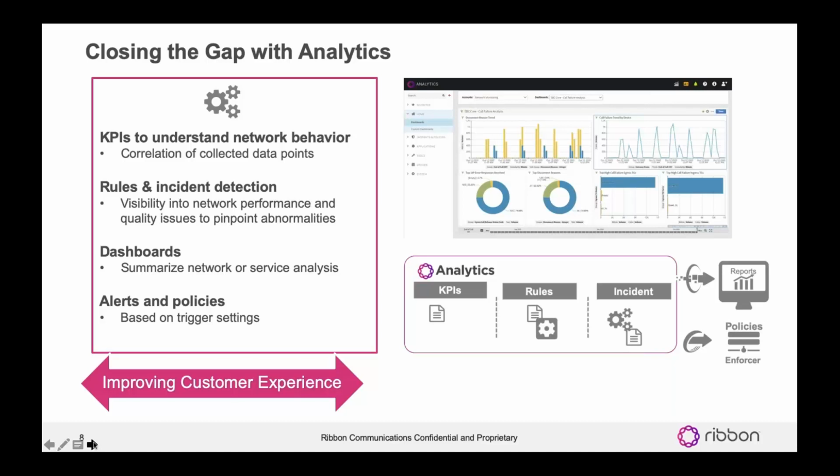So all of this is about how I can use all the data in the network, summarize it up in the KPIs and build out rules, but ultimately try to improve that customer experience. That's the ultimate goal from an operations standpoint.